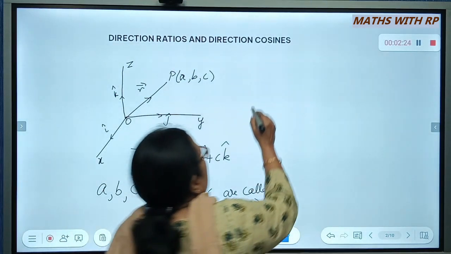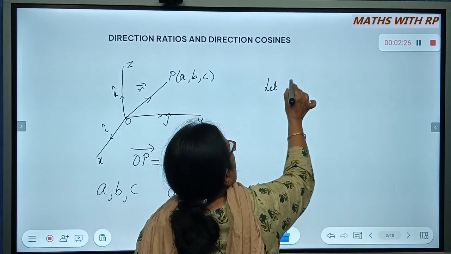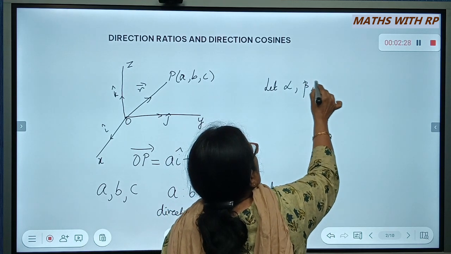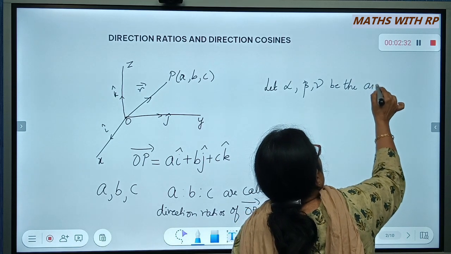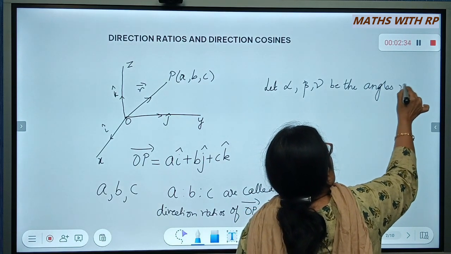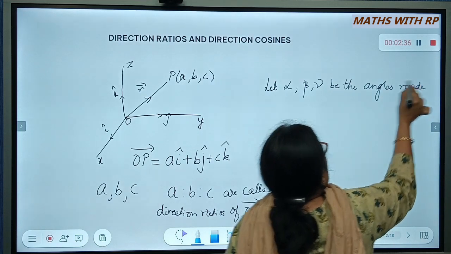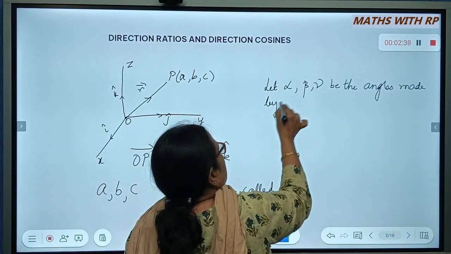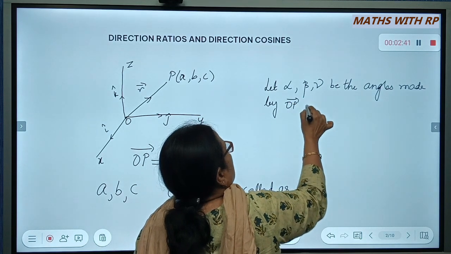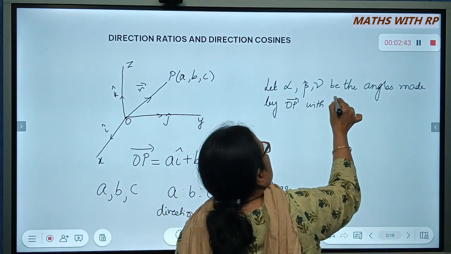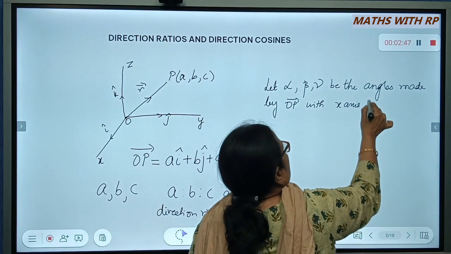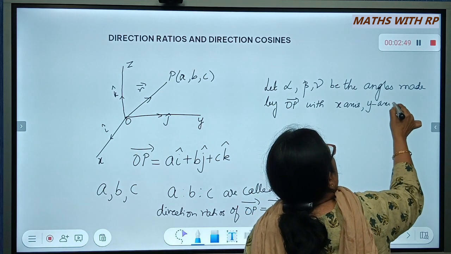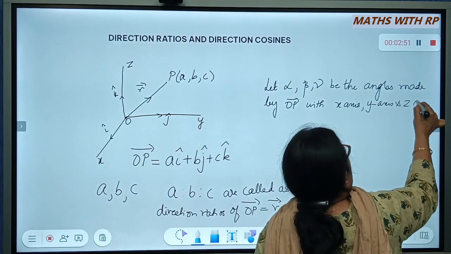Now let alpha, beta, gamma be the angles made by OP vector with the x-axis, y-axis and z-axis.